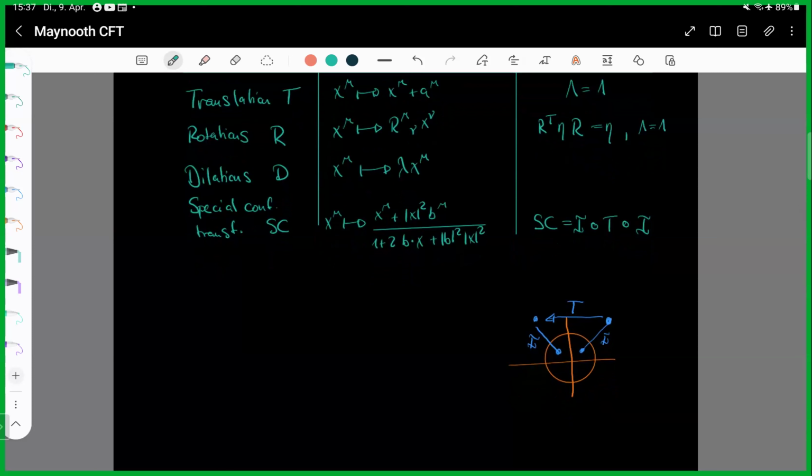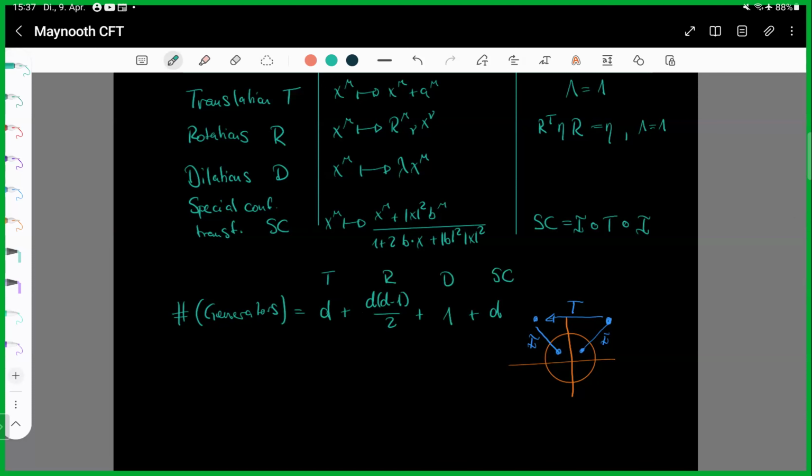So in general, let's count the number of generators. We have d translations, and d(d minus 1)/2 rotations. And then we have 1 dilation, and we have another d special conformal transformations.